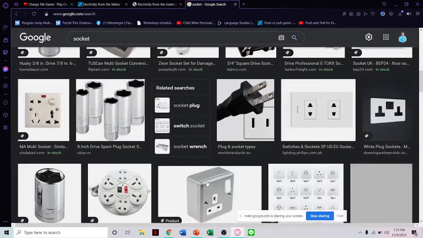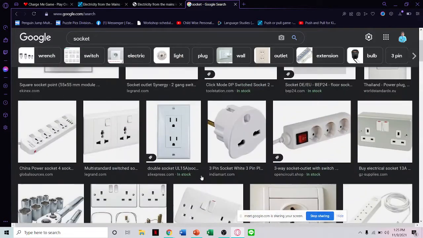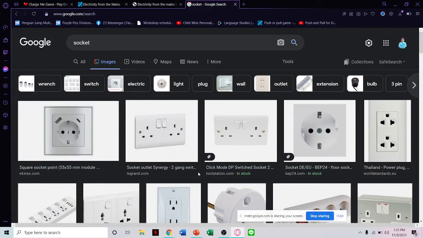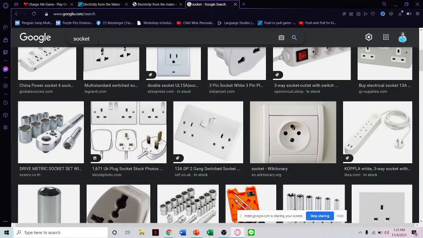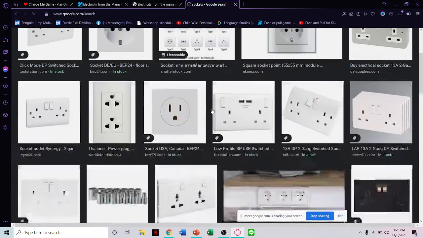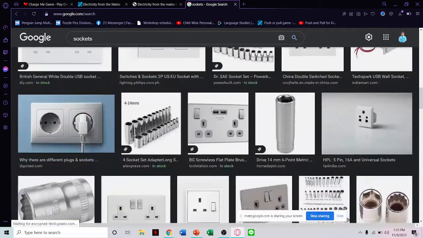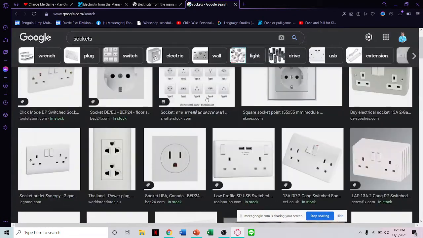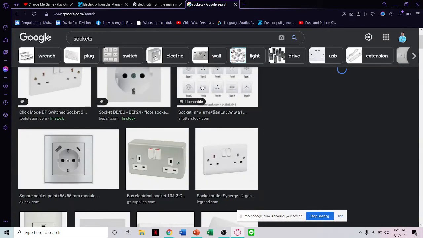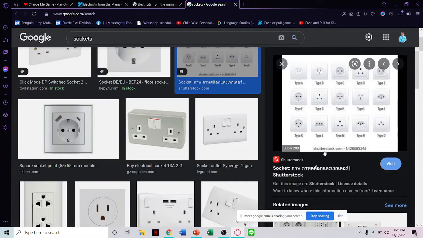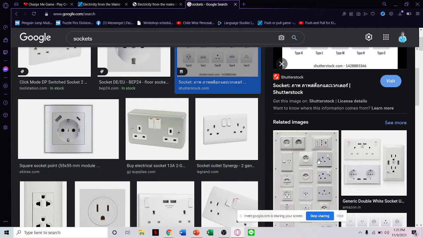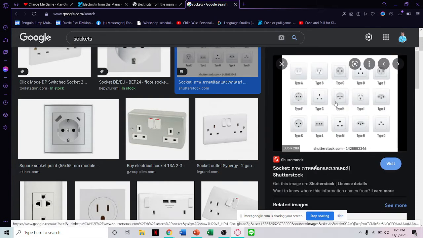This one here is what you call a socket. Okay, there are many kinds of sockets. For example, this one here. Do you see? There are different kinds, many kinds.